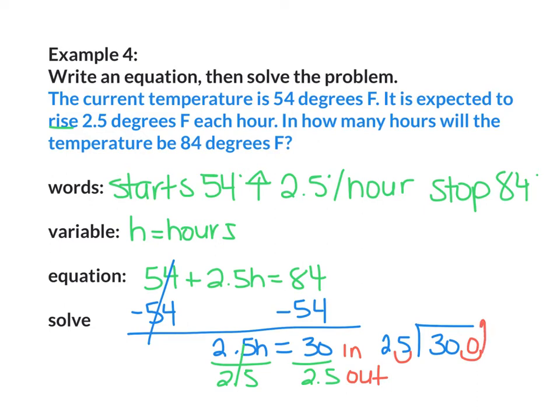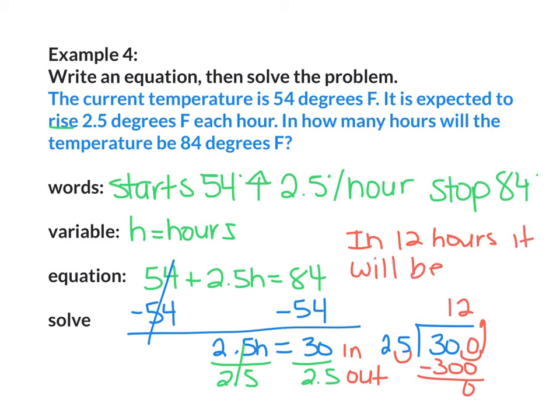So I know that 25 can go into 300 12 times because 25 times 12 will give me 300. I'm going to subtract and I'm going to end up with 0. So my answer is going to be in 12 hours, it will be 84 degrees Fahrenheit.